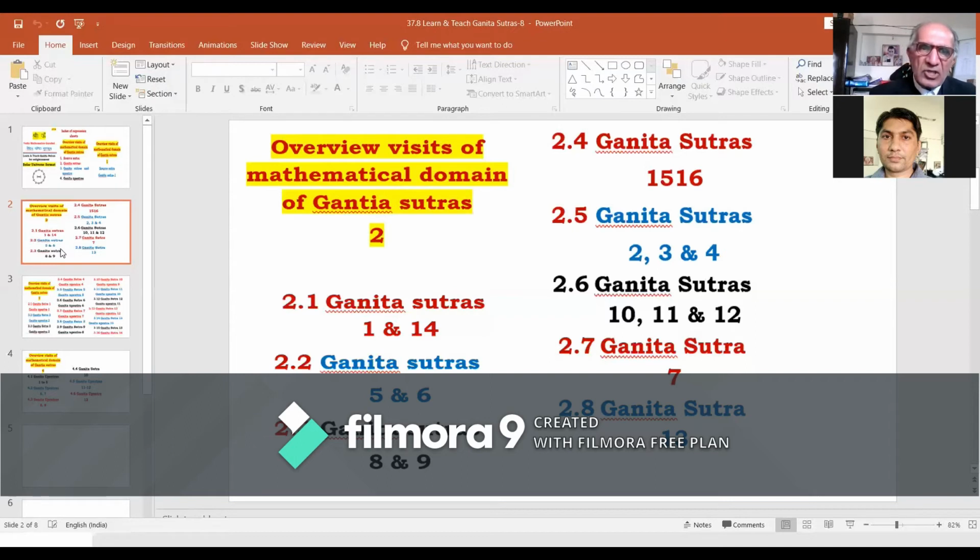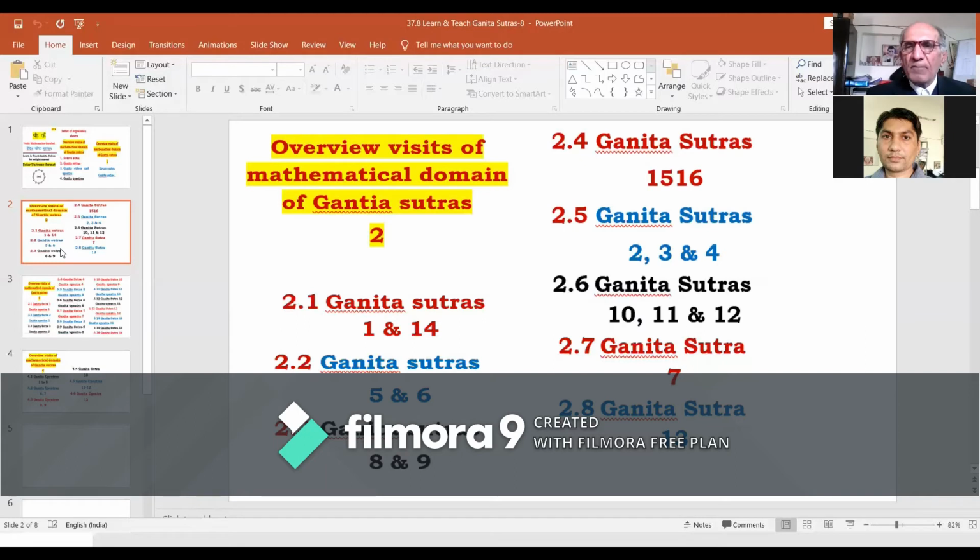However, the Ganita Sutras 8 and 9, as they are having a middle placement and as there is self bridging of the gap in between them because of Purna and Apurna aspect of Ganita Sutra 8 and Chalna and Kalna aspect of Ganita Sutra 9.